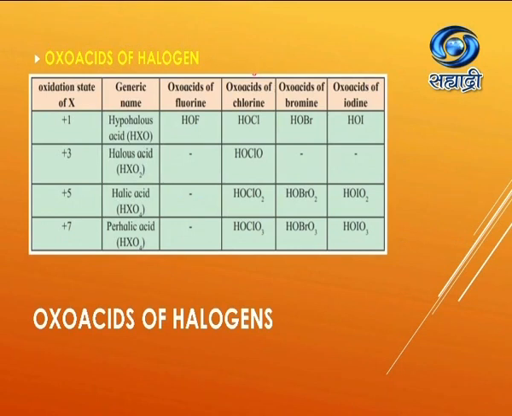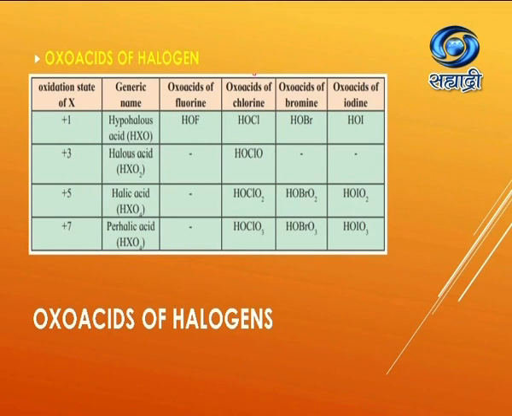Then oxoacids of halogens. So oxidation state of halogen is given, generic name is given, and the table of oxoacids of fluorine, chlorine, bromine and iodine, their formulae are given. So in +1 oxidation state, halogens form hypohalous acid.